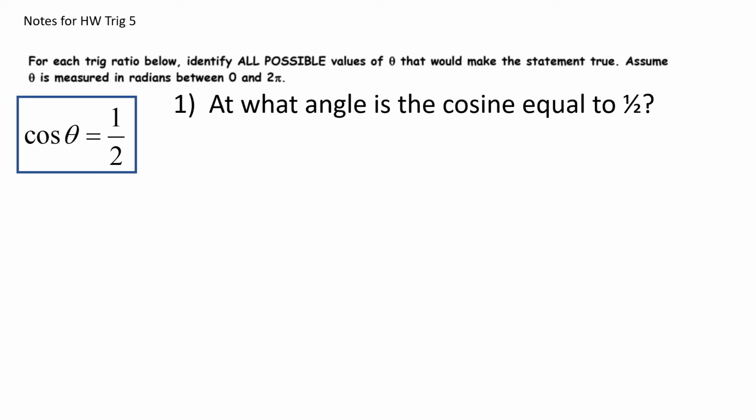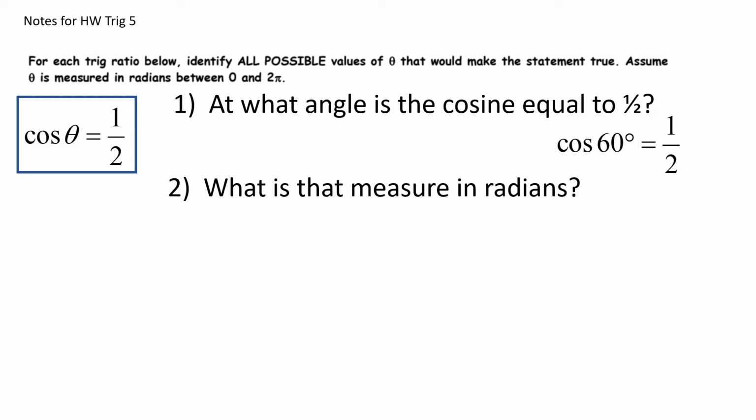If you remember from what you memorized, the cosine of 60 degrees is going to be a half. Next, it wants it measured in radians. So what is 60 degrees in radians? I know 60 degrees is the same thing as pi over 3. So the cosine of pi over 3 is equal to a half.